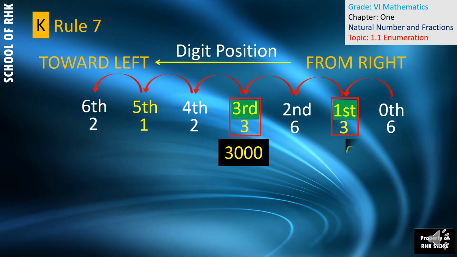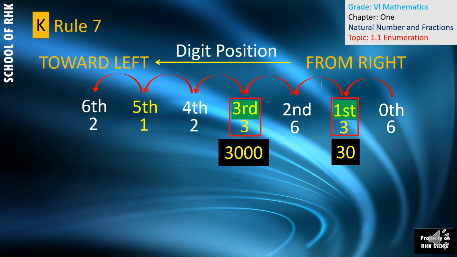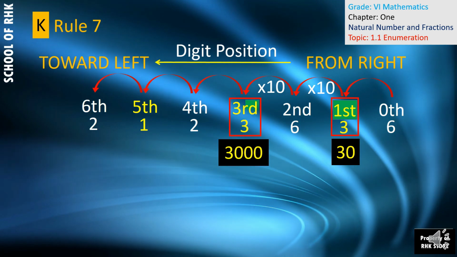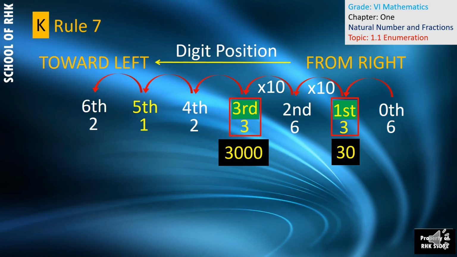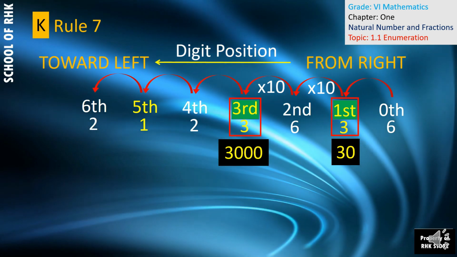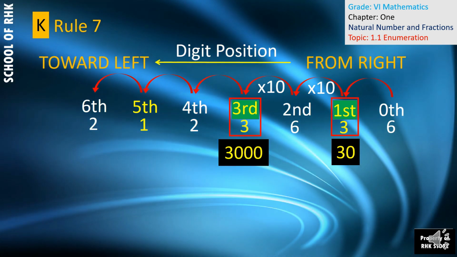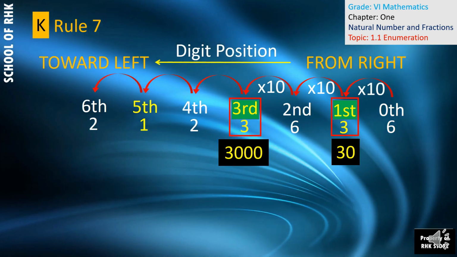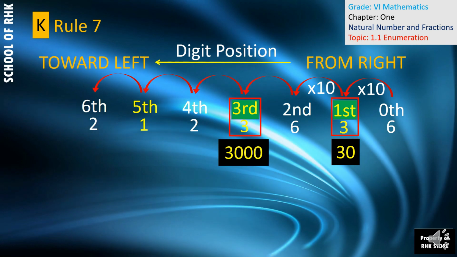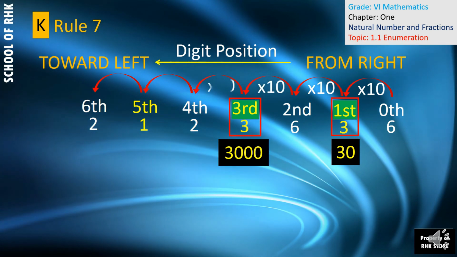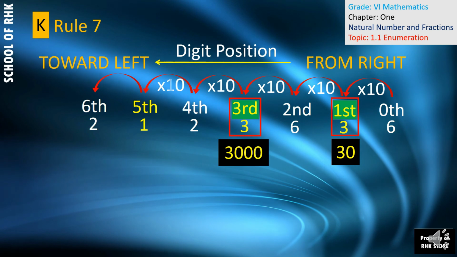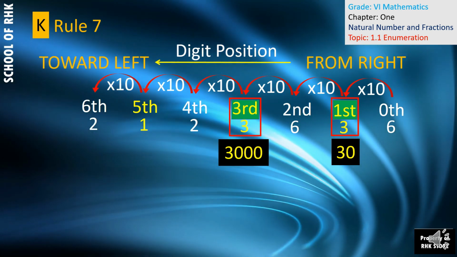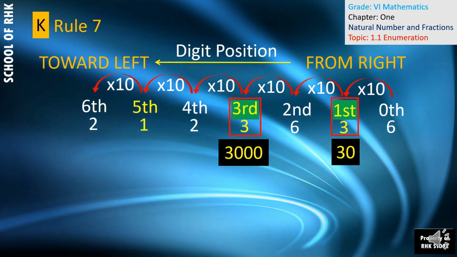That is 30 times 10 times 10 equal to 3000 in the third position. Thus, it proves that when a digit moves to the left from the right position one by one in a number, its place value increases 10 times of its intrinsic value in comparison to the just previous position place value.